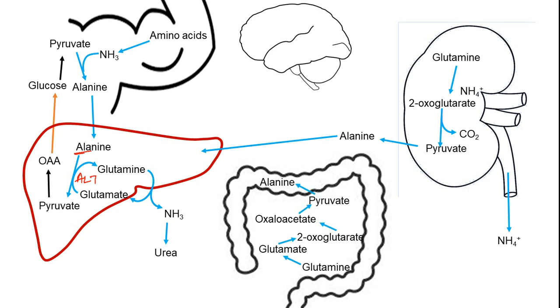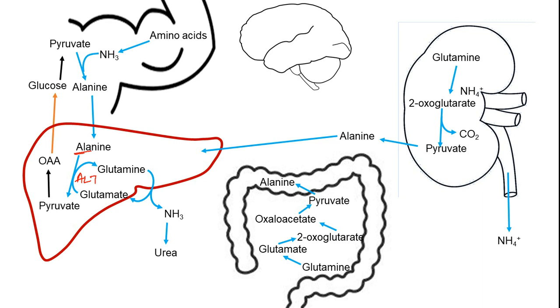Then another very important major tissue is the GIT, where in the intestinal epithelium, glutamine gets converted to glutamate, glutamate to 2-ketoglutarate, 2-ketoglutarate to oxaloacetate, oxaloacetate to pyruvate, and pyruvate to alanine. So that is the sequence of events that are going to happen.